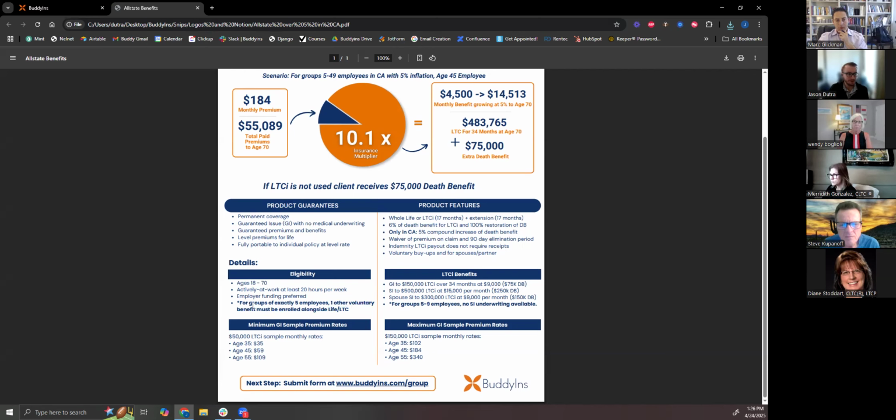But then there are some other extra items I've put in here for the size segment. It's already noted here that we have to look at one other voluntary benefit product. And for 5 to 9 employees, we may not have simplified issue underwriting from Allstate for their offer. We'll still have a GI offer, but we may not have access to simplified issue underwriting.